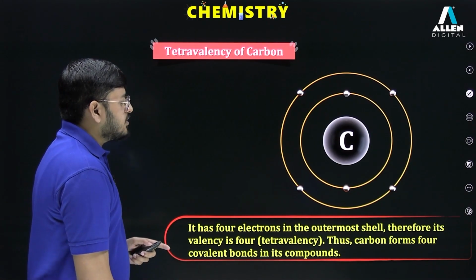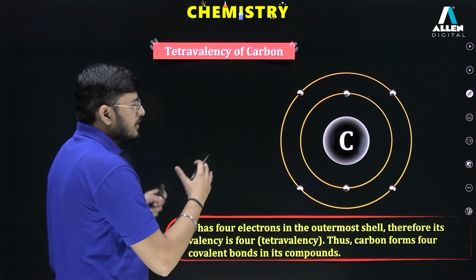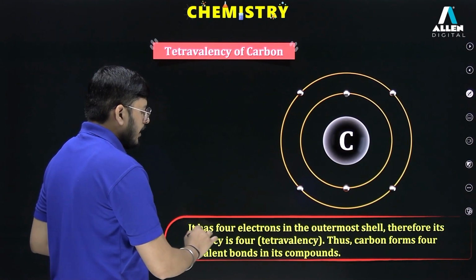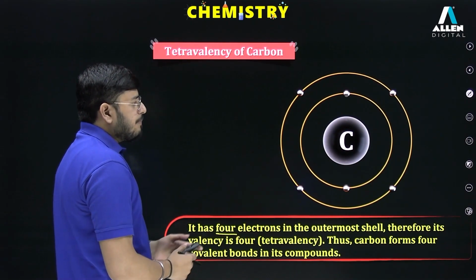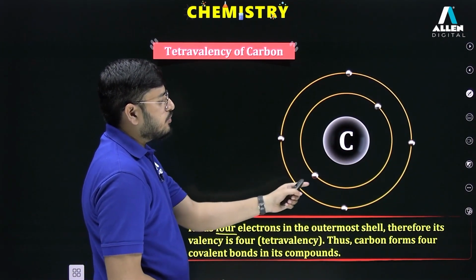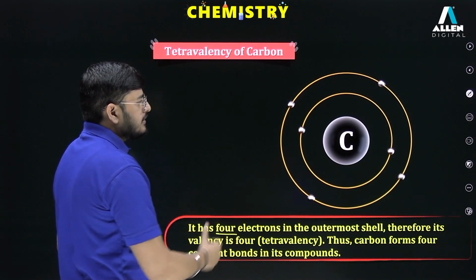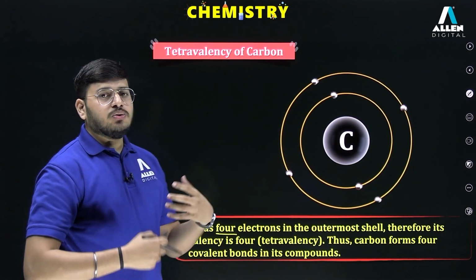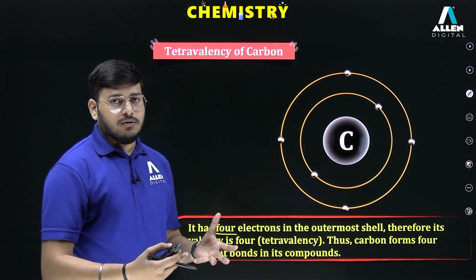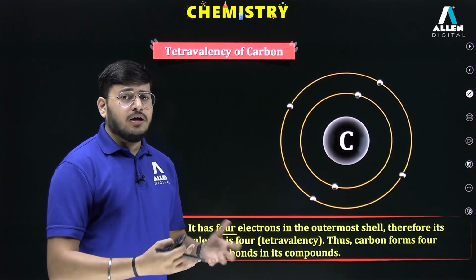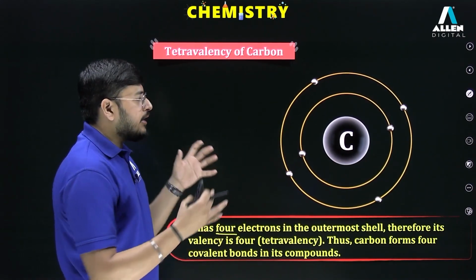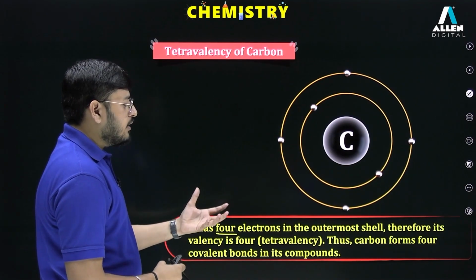Now, the tetravalency of carbon: how is carbon tetravalent? Carbon has 4 electrons present in its outermost shell, as you can see, and it has a tendency to share these 4 electrons with another atom and covalently bond with that atom.